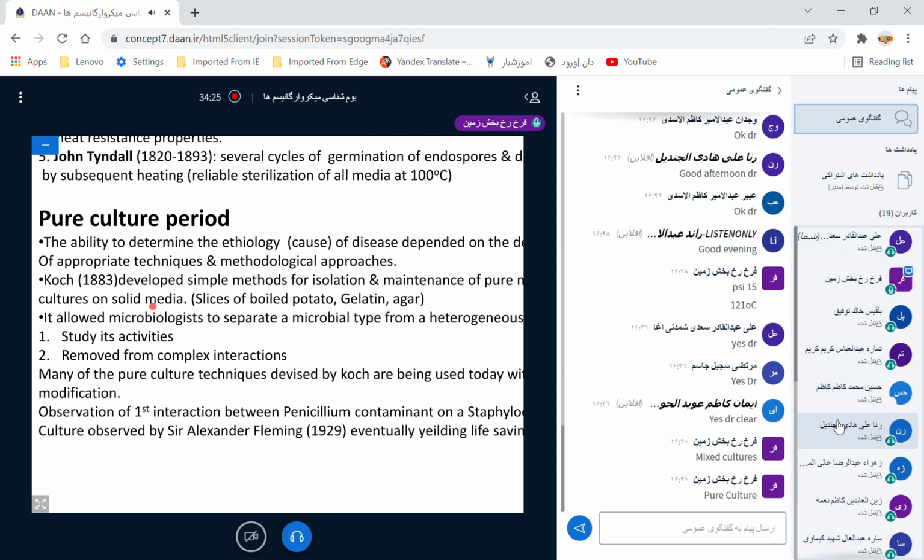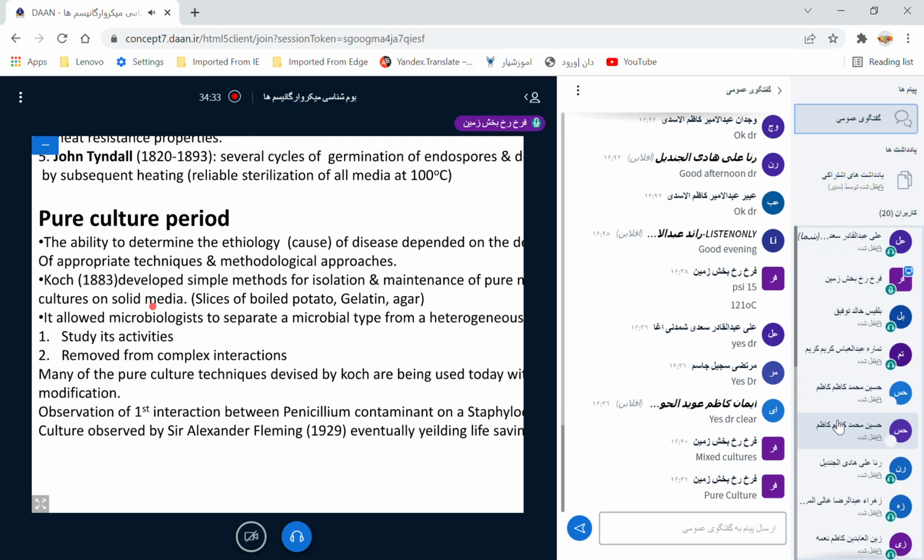So best growth is in liquid media, but for isolation and purification, solid media are used.